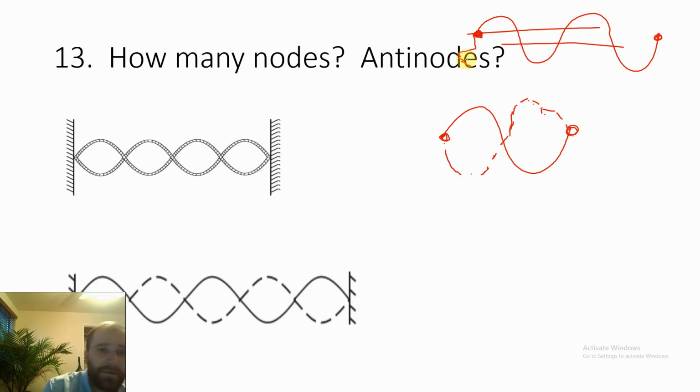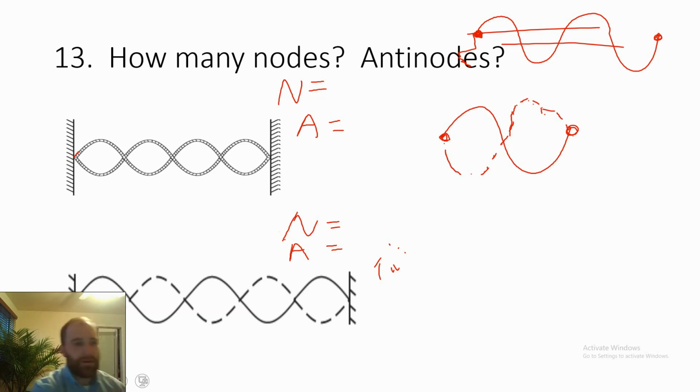Let's count them up. Let's do the nodes first, and then we'll do the antinodes. The nodes are the points that don't move. They're this one: 1, 2, 3, 4, 5. 5 nodes. The antinodes, we've got 1, 2, 3, 4 antinodes.